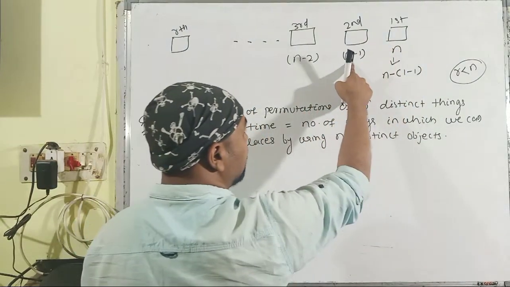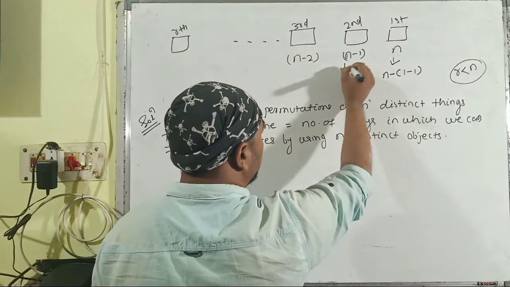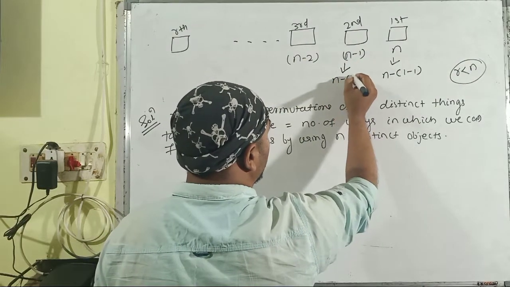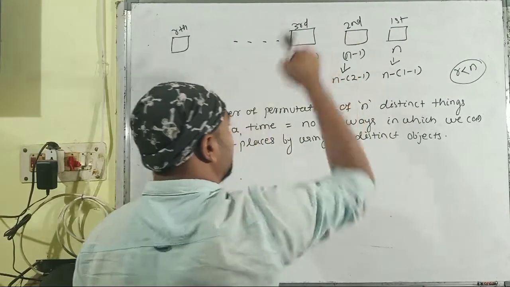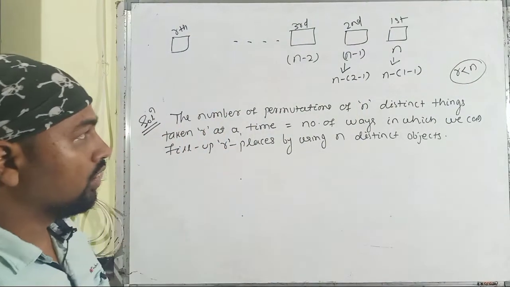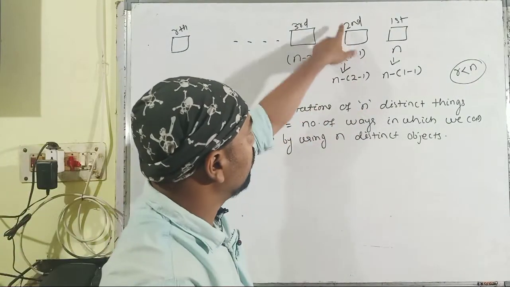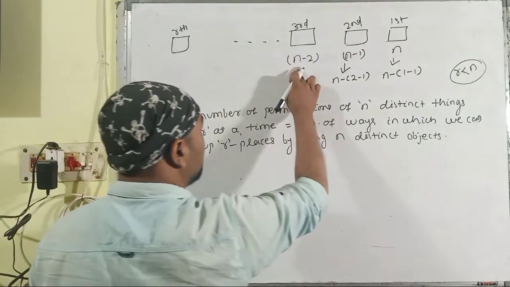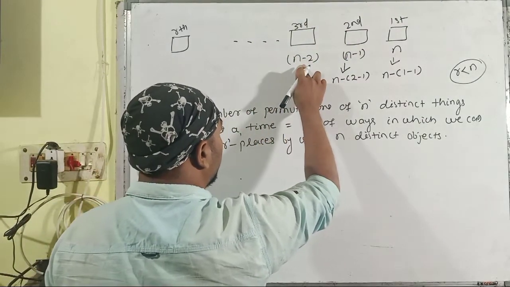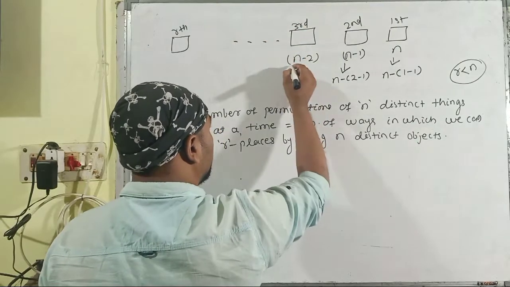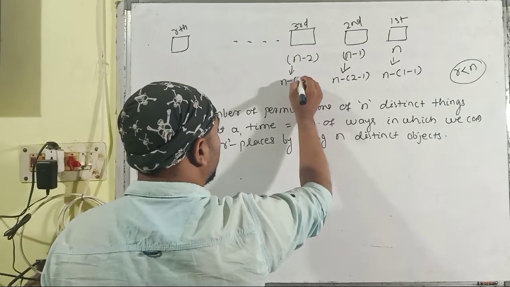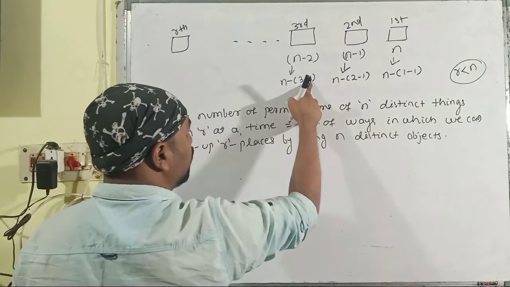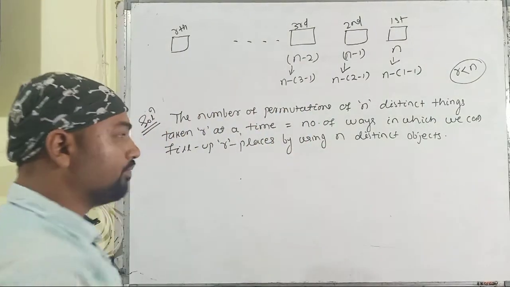Then this n minus 1 can be expressed as n minus 2 minus 1, according to its position, and you can see that here it is 2 and the position is 2. Then the third place, or n minus 2, in terms of its position can be expressed as n minus 3 minus 1; 3 minus 1 is 2, so n minus 2 is here.